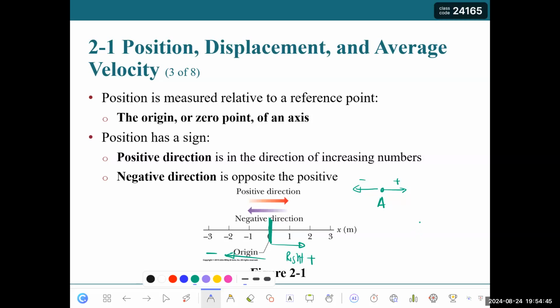You can remember it as the x-axis and y-axis: this side is positive and this side is negative. That is how position is also negative or positive. If someone says go to the -3 meter location, you count 1, 2, 3 and go here, because I said -3 meter position. If I say go to the +3 position, you count 1, 2, 3 and go to this side.